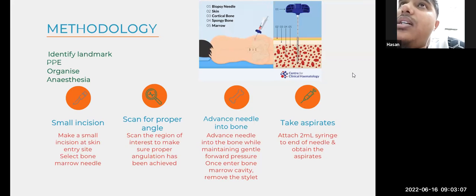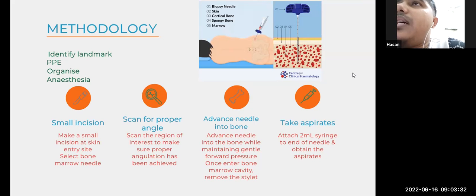Basically, first we take our syringe and fill it with lidocaine or epinephrine. Then we locate the iliac crest and mark it, and then we insert the lidocaine as well as epinephrine. We have to make sure that we sedate the surrounding area as well.